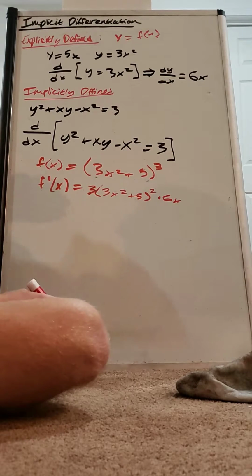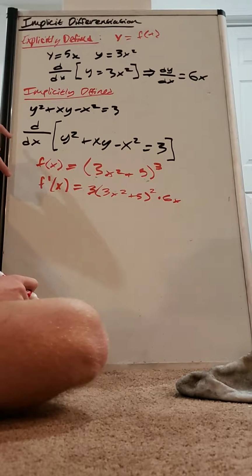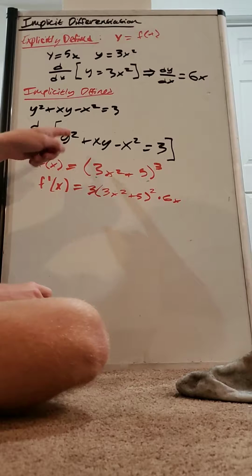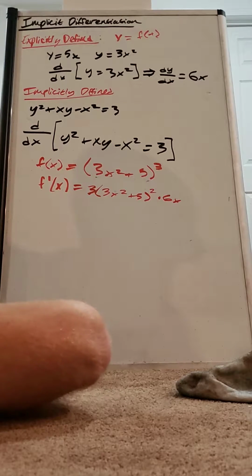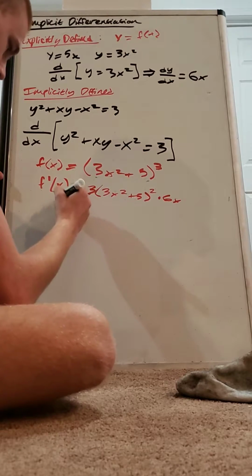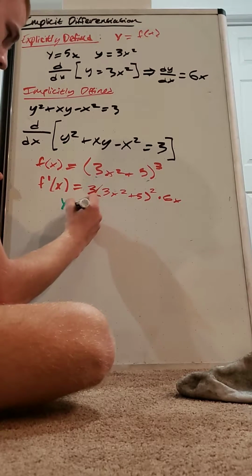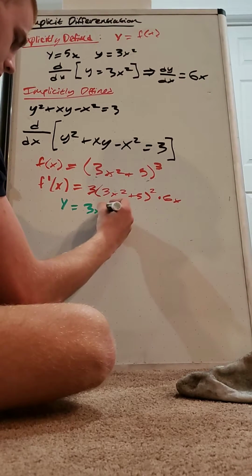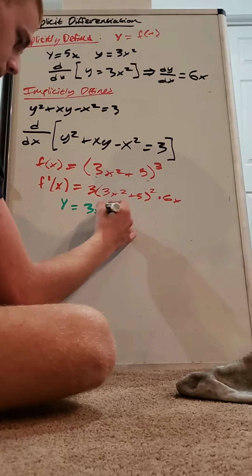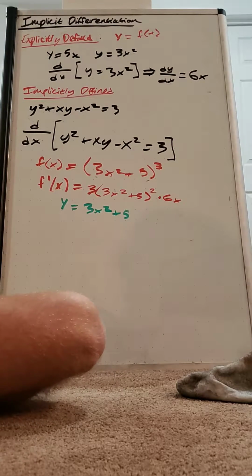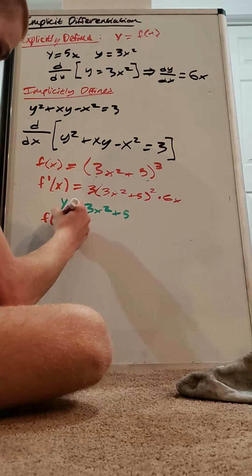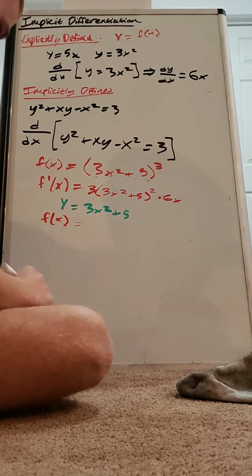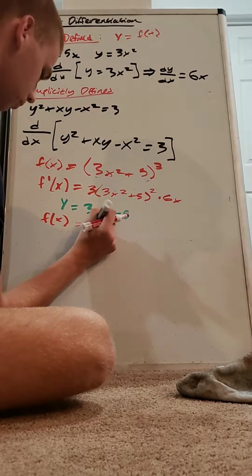And so this shows why we need the dy over dx when we're differentiating something like y squared. If we set y equal to 3x squared plus 5, that would make f of x equal to y cubed.